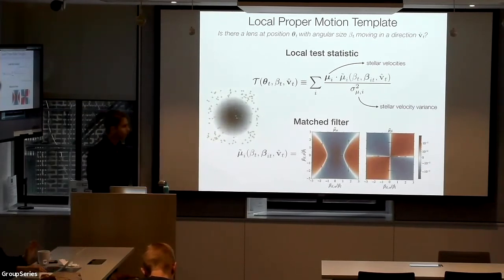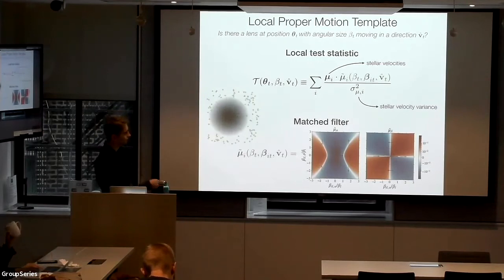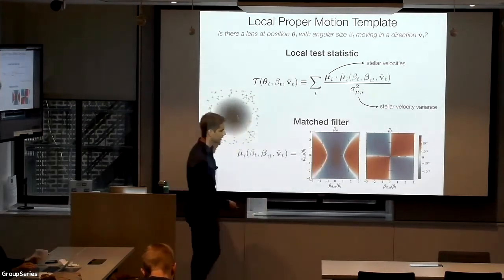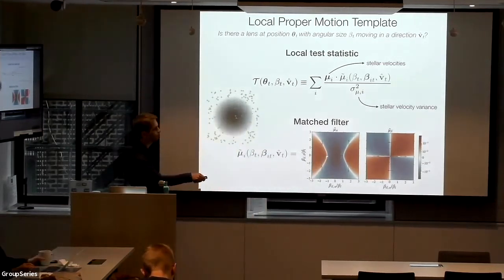Take the sum. And so for a truncated NFW profile, the template for a lens moving to the right, in the right ascension direction, is a dipole pattern. So the horizontal component is displayed here and the vertical component here.